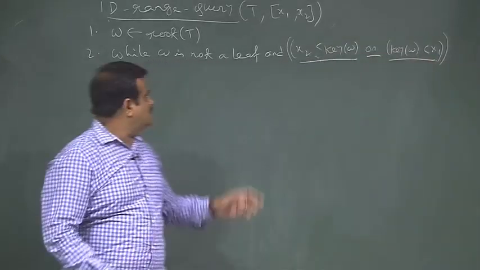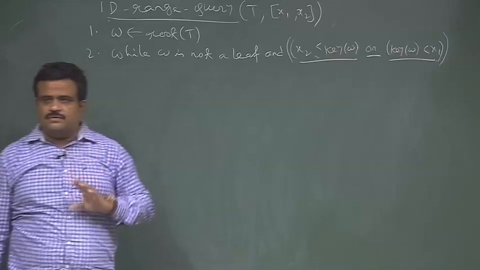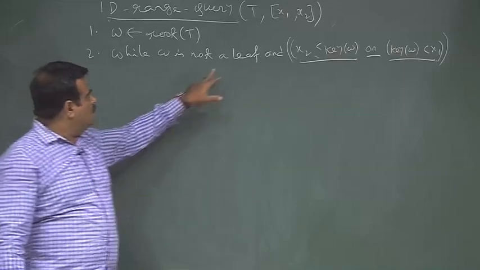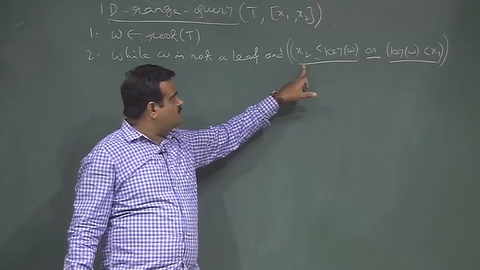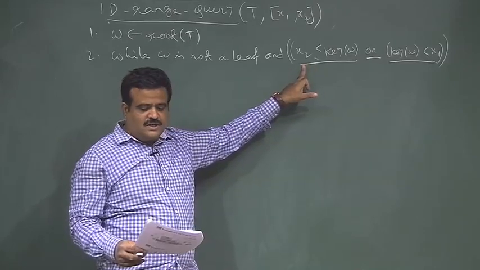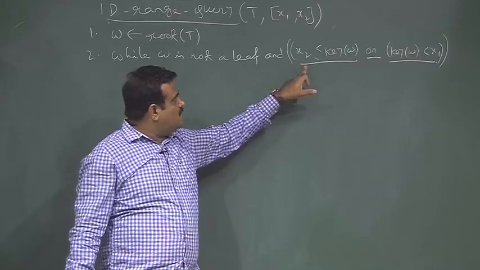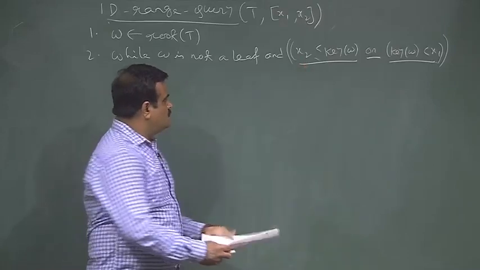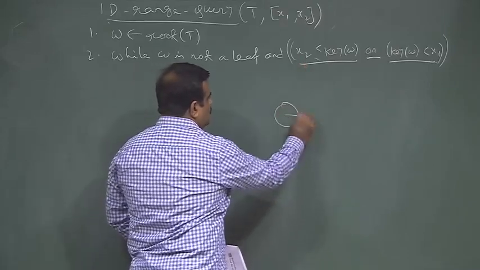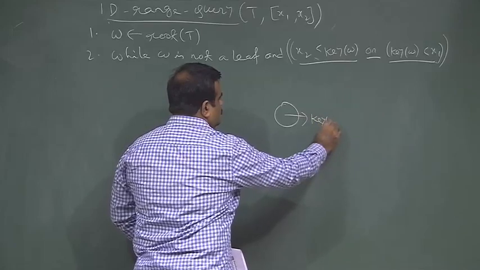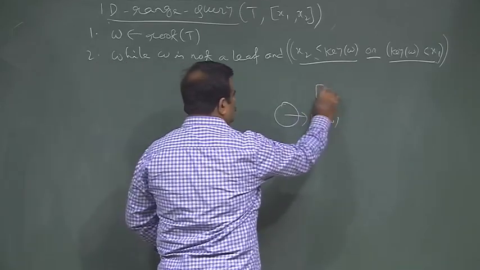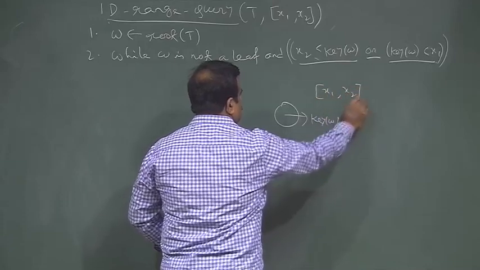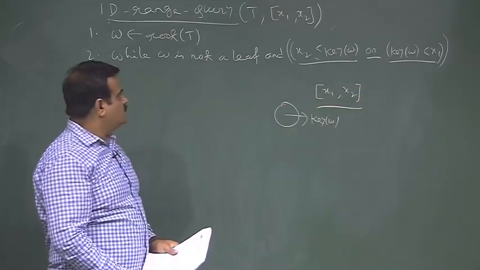So either w is a leaf, and if it is a leaf we stop, otherwise we check whether this is a split node or not. This is done by checking. So this is the root, this is the key of w, and we are looking for x1, x2. Now we are looking for the points which overlap with x1, x2.